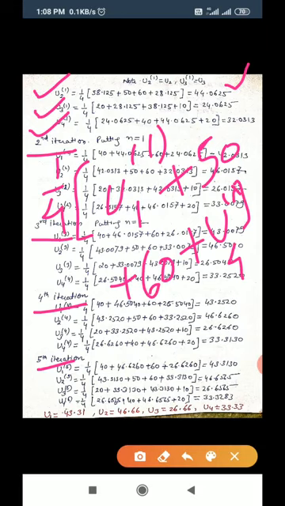Hence u1 is equal to 43.31, u2 is equal to 46.66, u3 is equal to 26.66 and u4 is equal to 33.33 is our required solution. So student, remember that the solution u(x, y) of the given equation is satisfied at every point of the region subject to given boundary conditions on the closed curve.